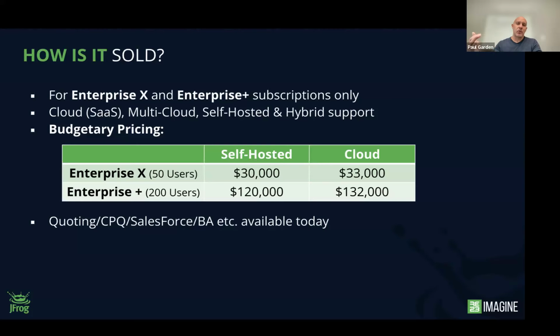So as you add more users, the price per user comes down. So it's not like a big chunk more expensive. It's just additive, and the more users that people add on, the more the discount is. Enterprise Plus goes the same way, except they have 200 users included with the add-on subscription.